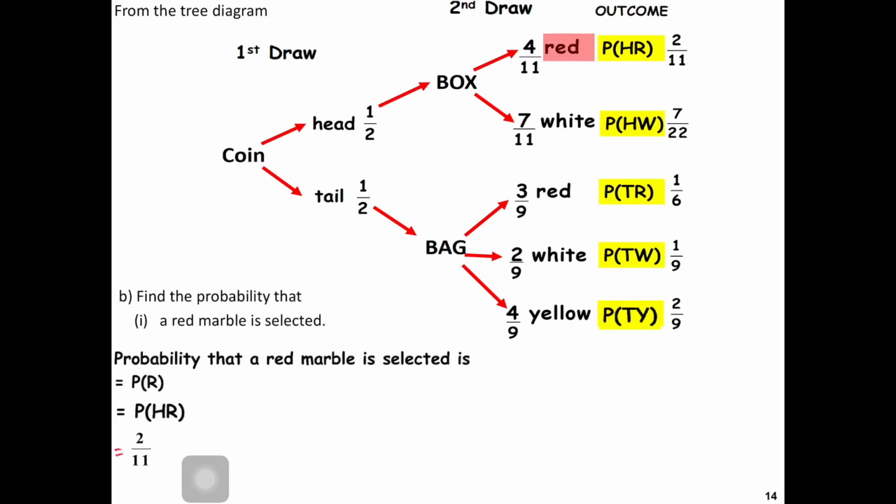Other than this, the other outcome to consider is the probability TR, because that is also a probability of obtaining a red marble. So we add them up, because we add between the branches. Adding the value of 1 over 6, you will get a sum of 23 over 66 as the probability of obtaining a red marble.